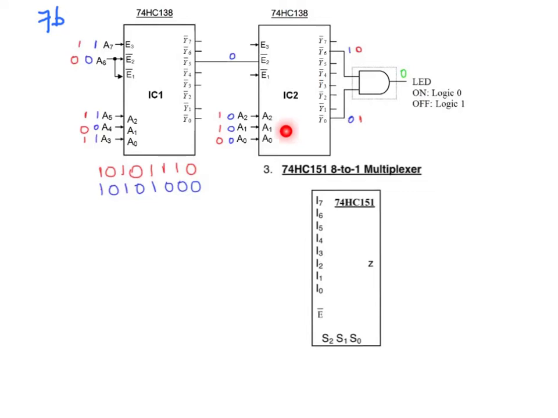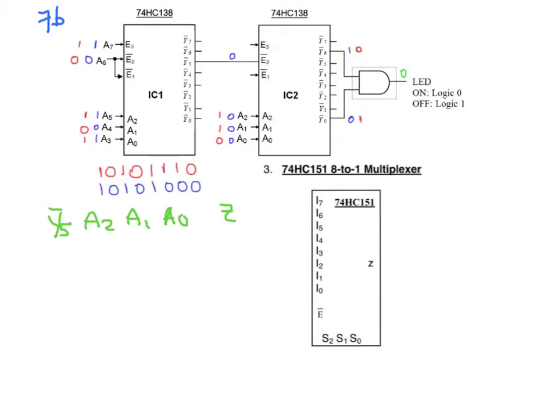In this case, the input is this one, W bar, A2, A1, and A0, and the output is over here, let's call it Z. So the signals W bar, A2, A1, and A0 are the input, and the output is Z.